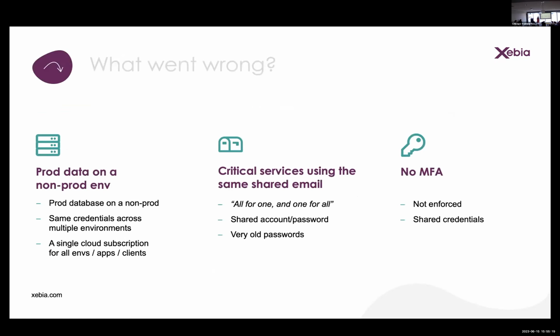Problems here. First of all, an exposed development environment. If you don't earn money on the environment, just don't expose it. So hide the non-production environment behind a VPN or internal network only. And do not copy the database from production to non-production, or if you don't do that, then also don't use the same password for non-prod and prod, because this is how I got in.